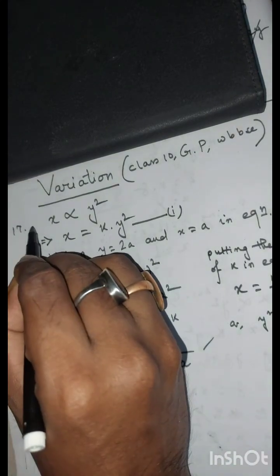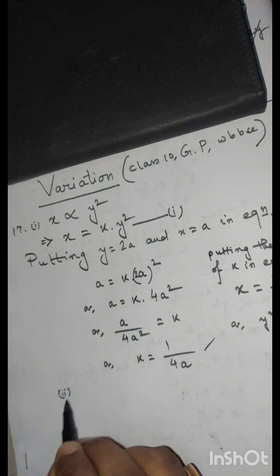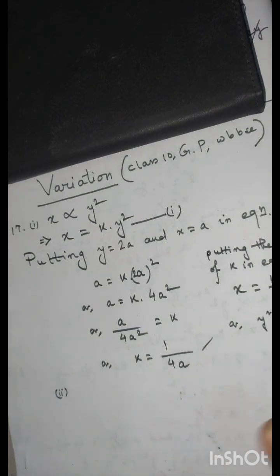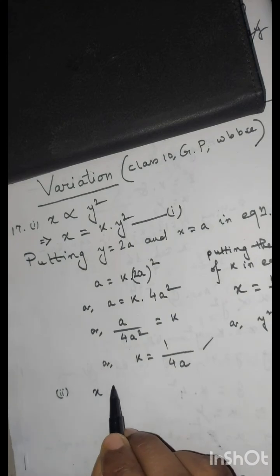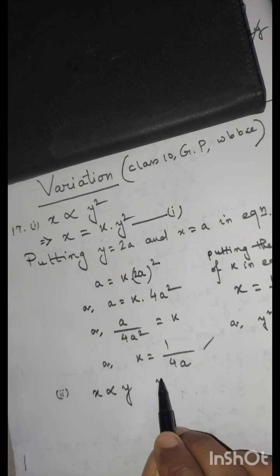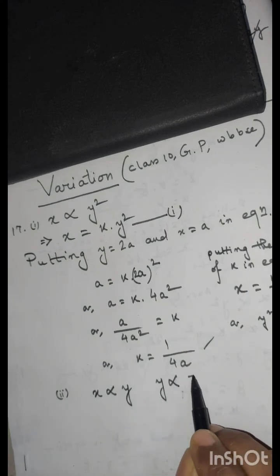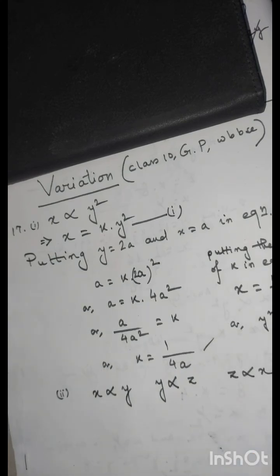Question number 2. x varies as y, y varies as z, z varies as x.